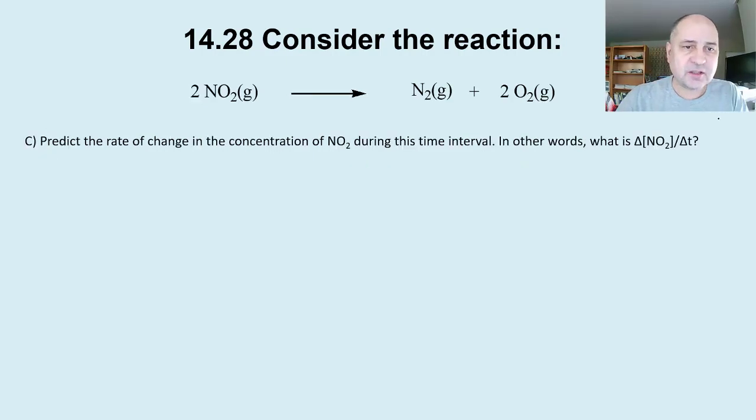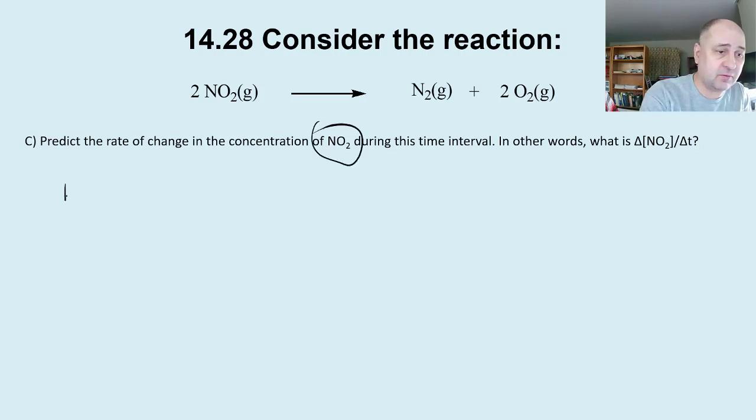So the follow-up question C on what we just calculated is to predict the rate of change in concentration of NO2 during this time interval. Well, we already know what the rate of the reaction is. We just calculated that.